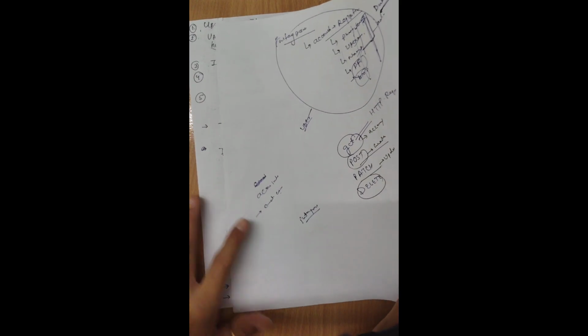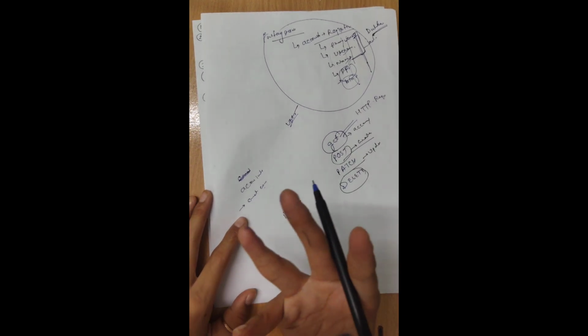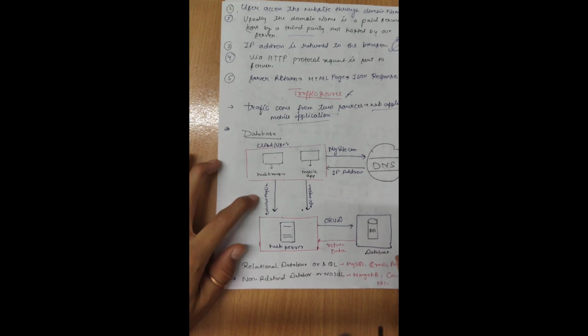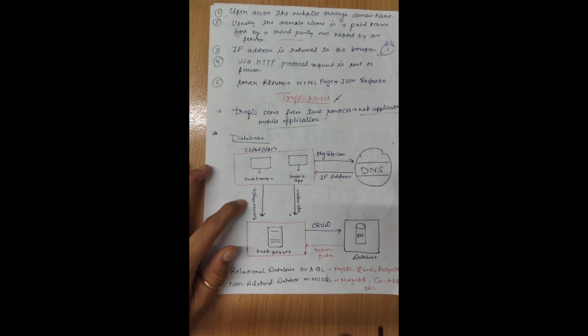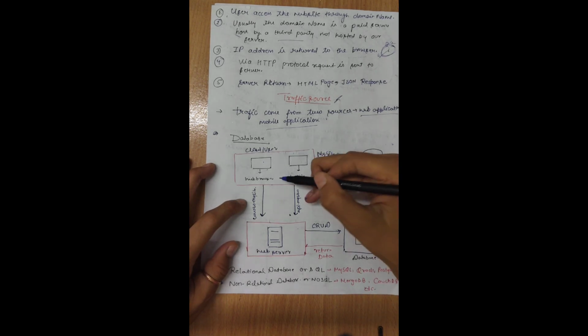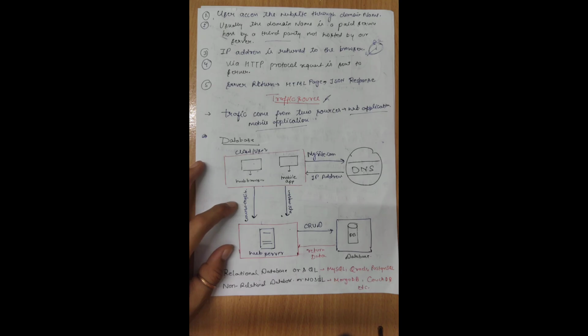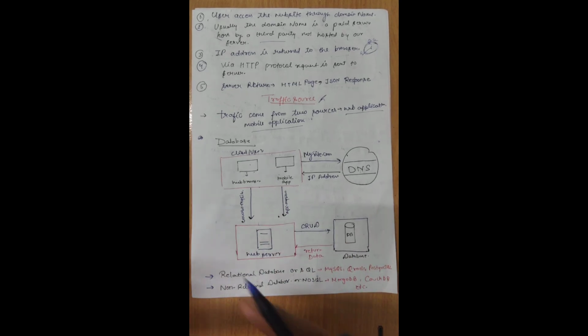When you create an account on Instagram, it will be a post request. So first, when you create a request to access Instagram, it was the get request. Now on Instagram you want to create an account, so it means you want to create something, so it will be a post request. So when you create a post request, you have to pass some data.